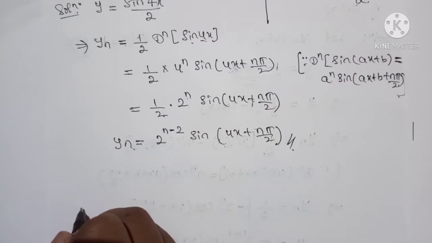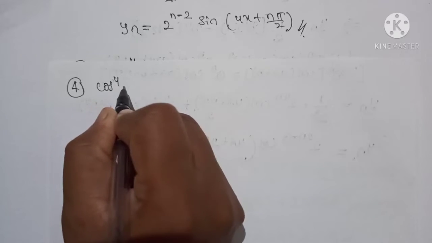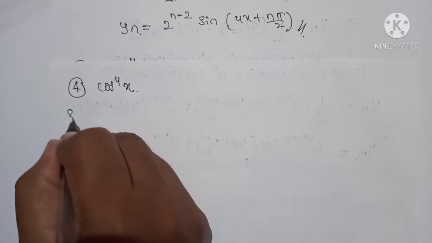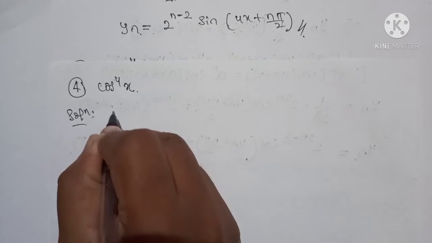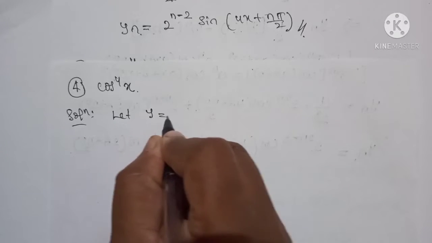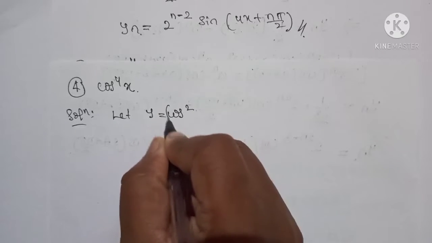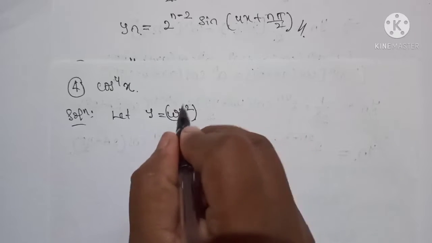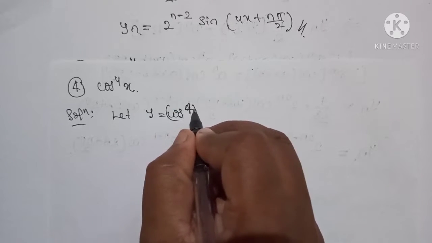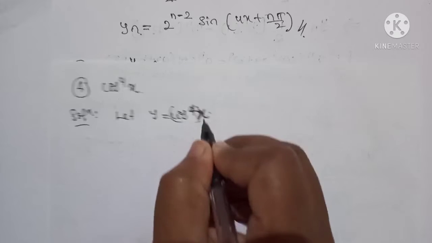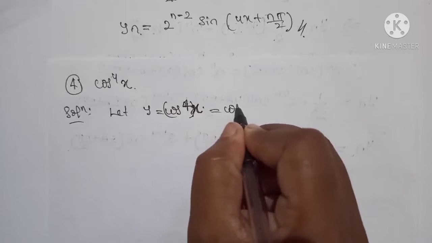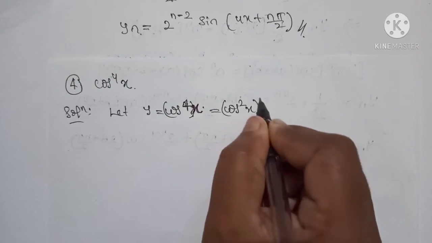So next problem, cos power 4x. This can be written as y equals cos square x whole squared.